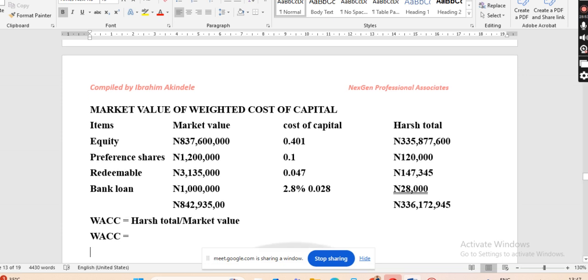So therefore, the weighted average cost of capital will be 336,172,945 divided by the market value of 842,935,000, right? So what is our WACC?